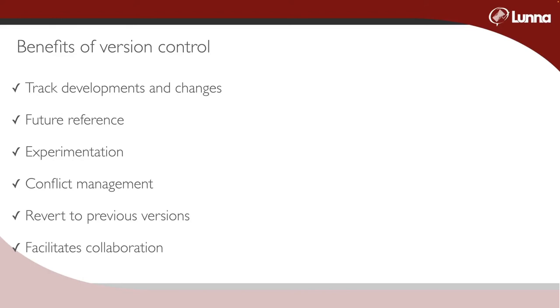Conflict management. If, for example, you are working on one single file, it will be very difficult, because you will have some changes that will be clashing or conflicting. But using version control, you have different versions of the same document, so you can manage that.